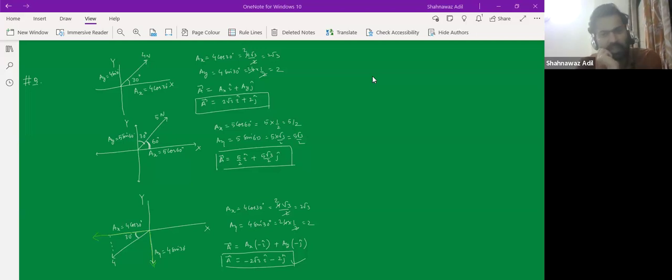And we will see what is the use of this resolution of vectors. Because if this doesn't have any purpose, then what's the use? Why do we learn this? You'll see that it has a very important outcome.